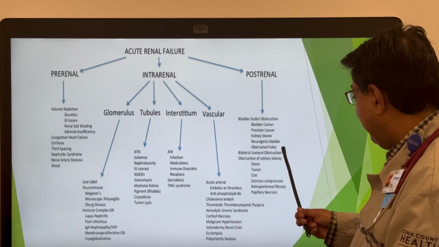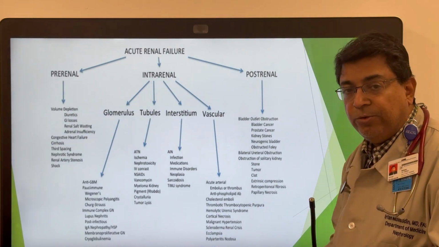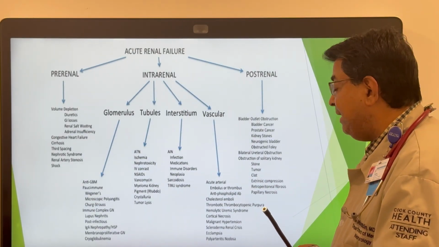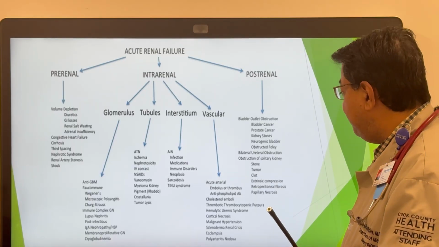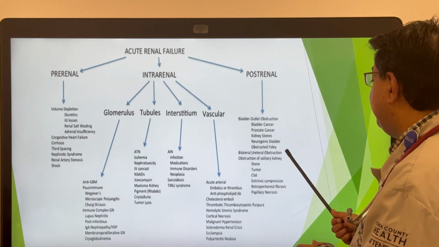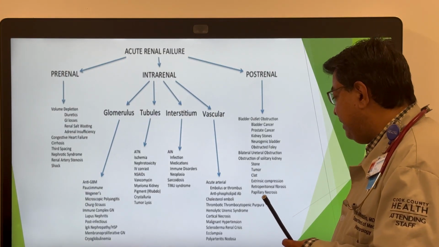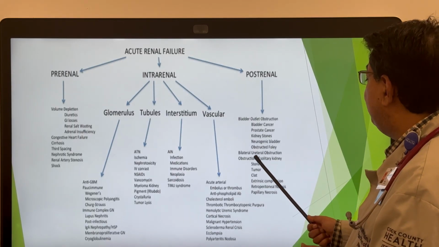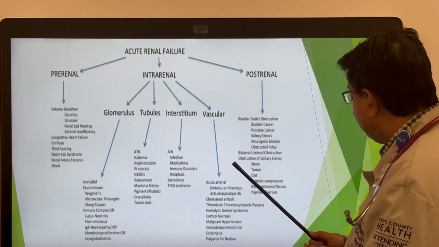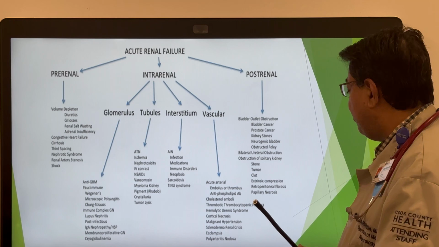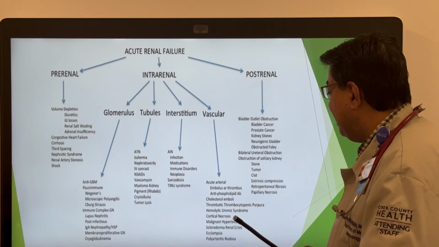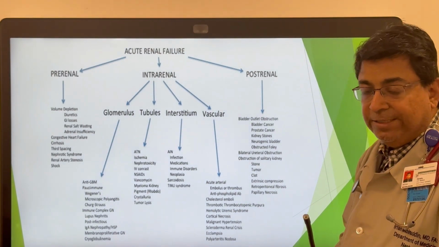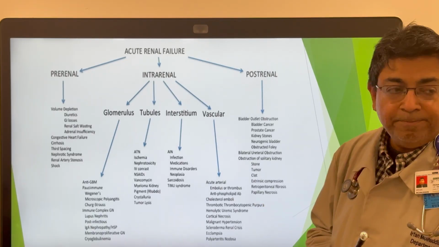You can have bilateral ureteral obstruction, although ureteral obstruction is commonly seen unilaterally. And then if you have a solitary kidney for whatever reason, a stone, tumor, clot, extrinsic compression, retroperitoneal fibrosis, or papillary necrosis can cause hydronephrosis of that solitary kidney.